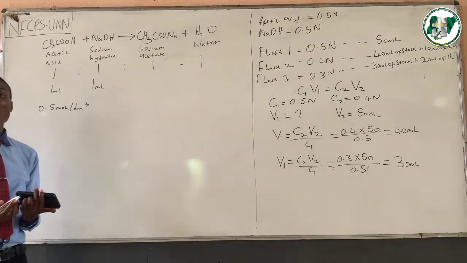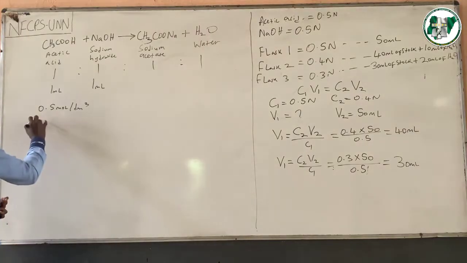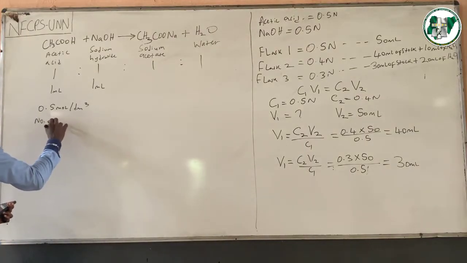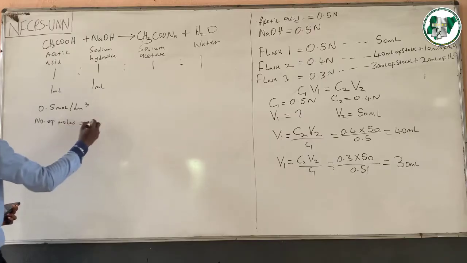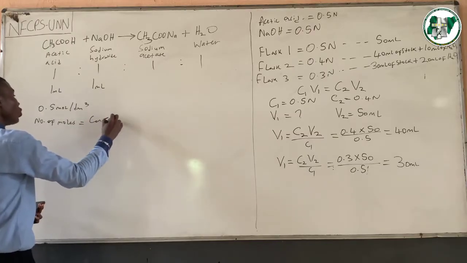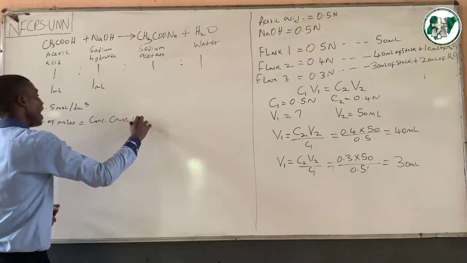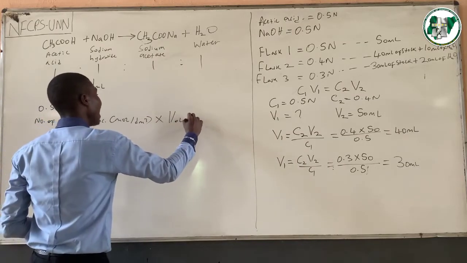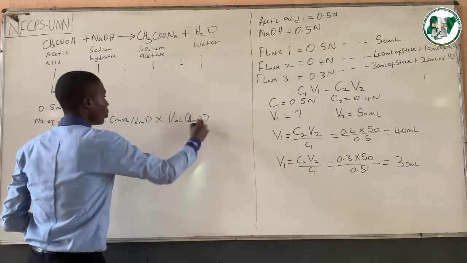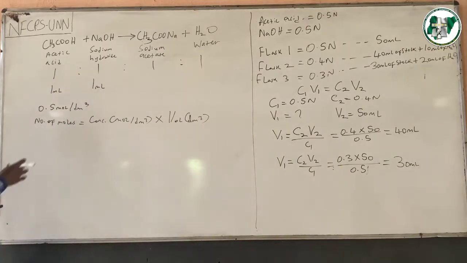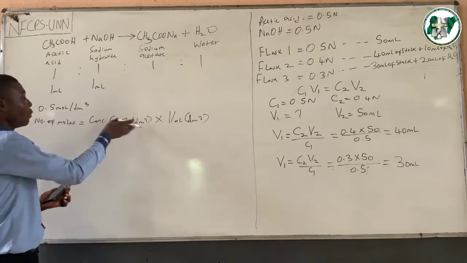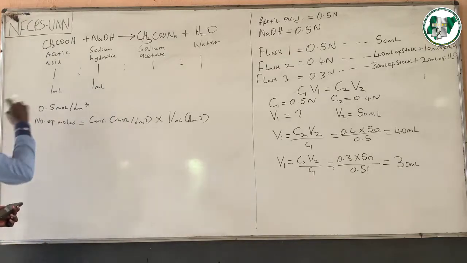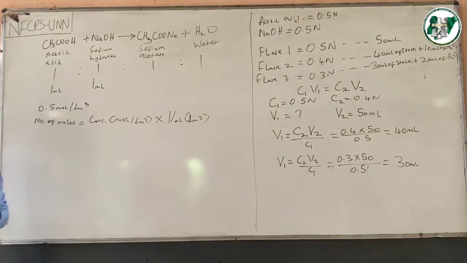Number of moles is equal to concentration in mole per dm cube times volume in dm cube. I just want to help you understand what we are driving at. For us to convert ml to dm cube, we simply divide by 1000.